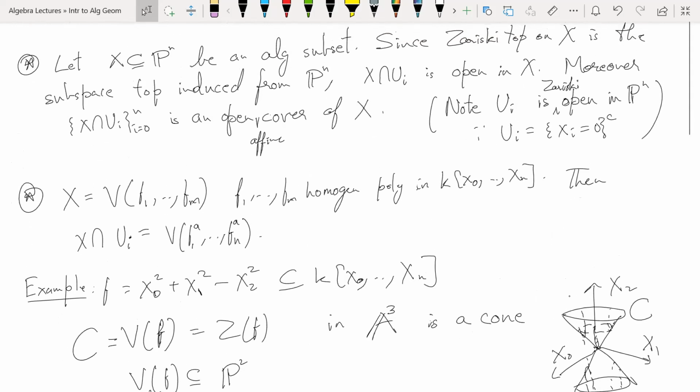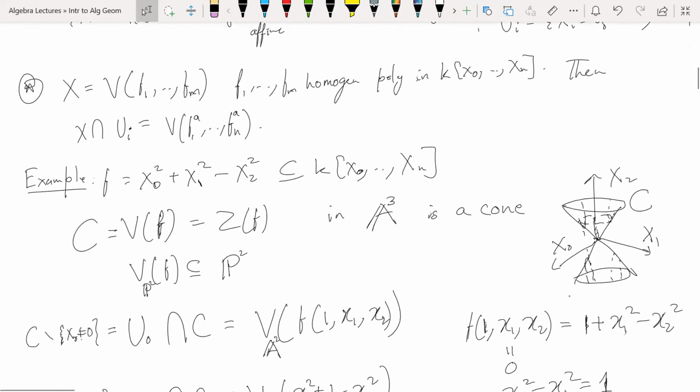If I give you x in Pn, and you want to know how it looks in U0, in U1 and so on, you can do these dehomogenization operations and see how the local equations in these affine patches look.